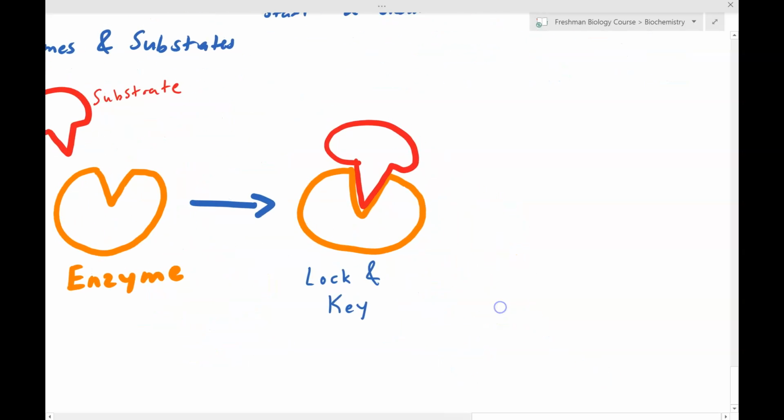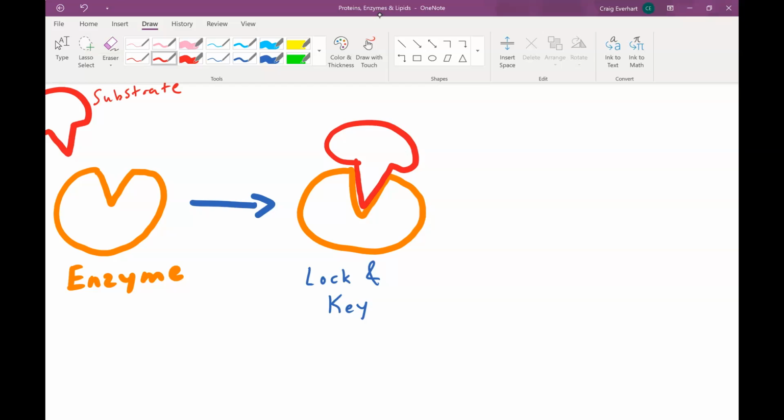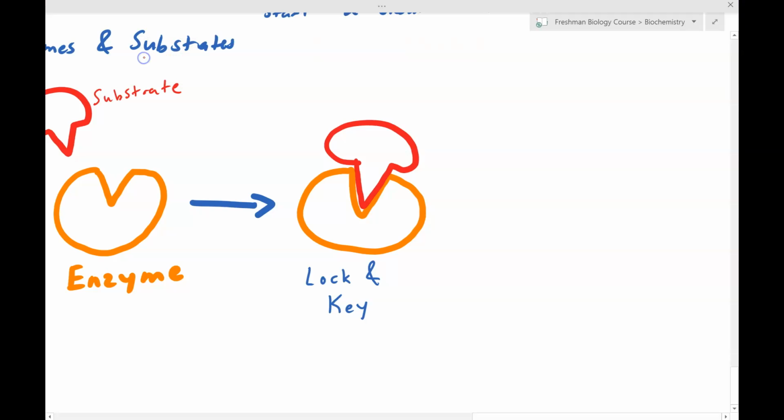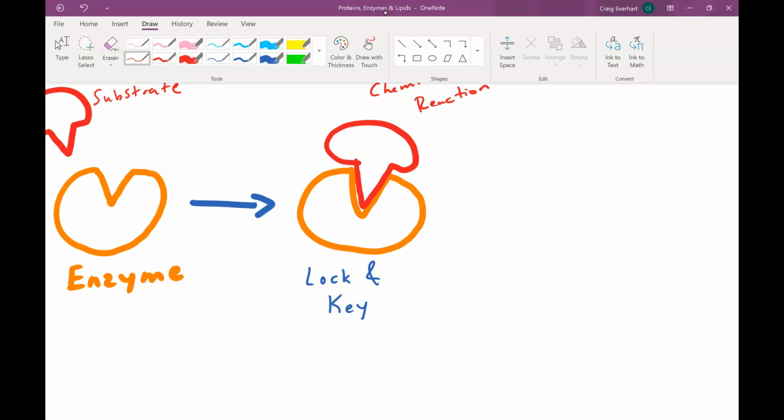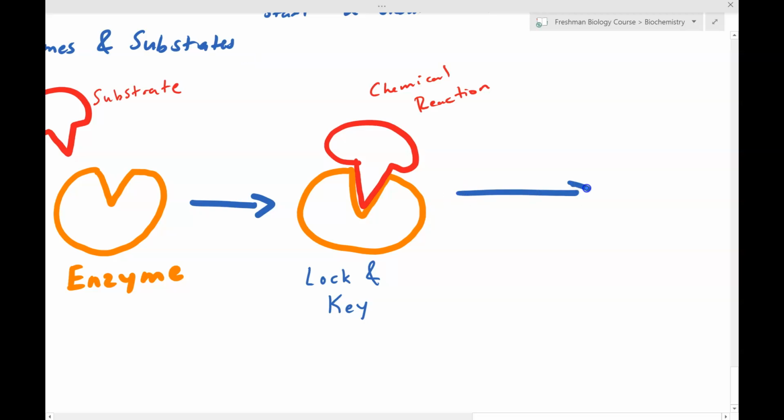Whatever chemical reaction is going to take place is now taking place, whether it's digestion, or some type of hydrolysis reaction, or maybe it is bringing amino acids together to form a polypeptide chain and then eventually form something larger.